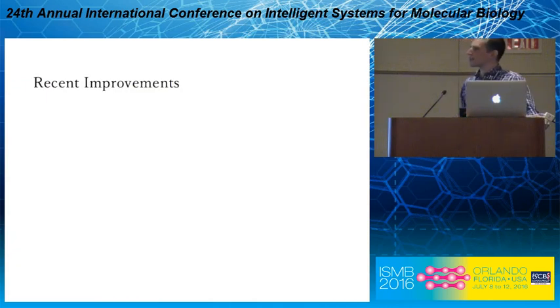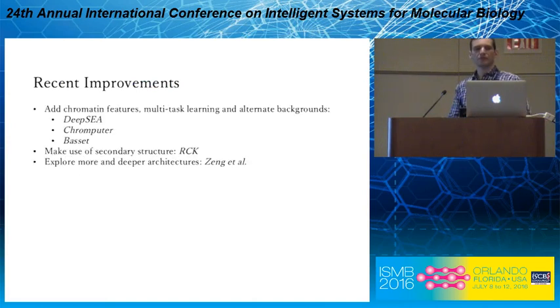I'd like to comment a little bit on the state of the field and this community. As the two previous talks have shown, DeepBind has really created a lot of interest since it was released last year, and there have indeed been numerous efforts to improve on the DeepBind model.